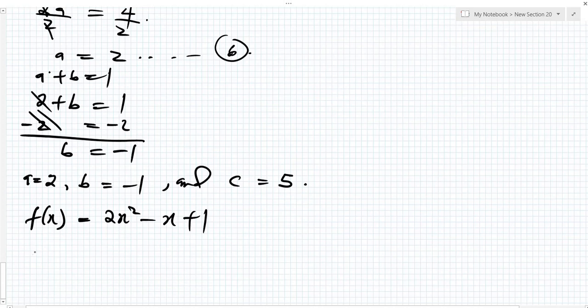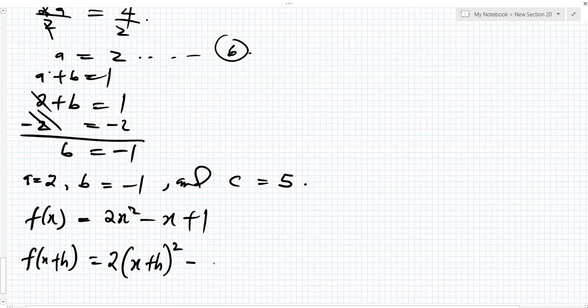Now f of x plus h is the same thing as, now this is essentially replacing x with x plus h. So 2 into x plus h all squared minus bracket open x plus h plus 1.